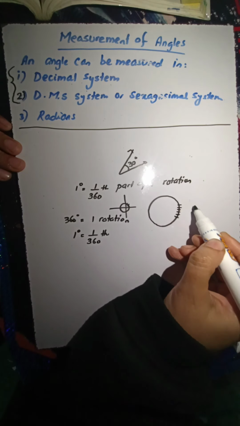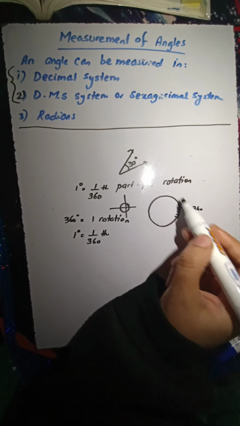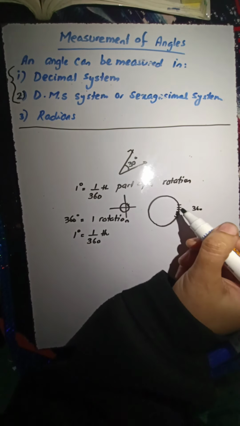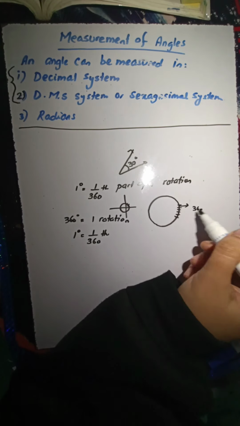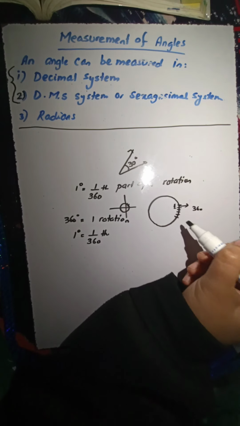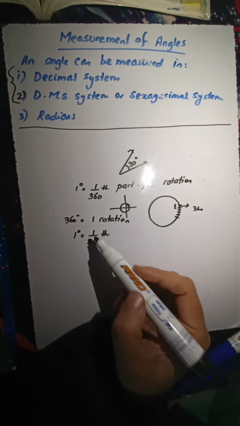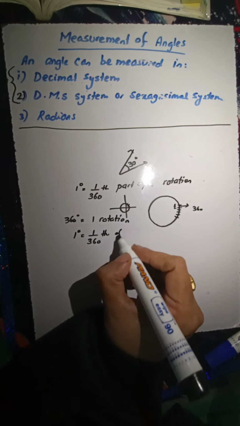Then a single part of all these 360 parts will be called a degree. So this is how we say that it is 1 by 360th part of a rotation.